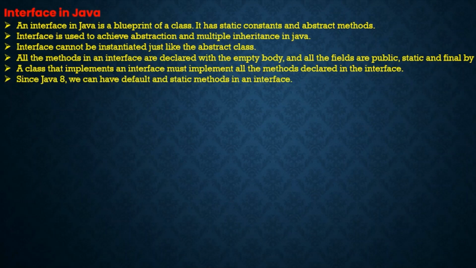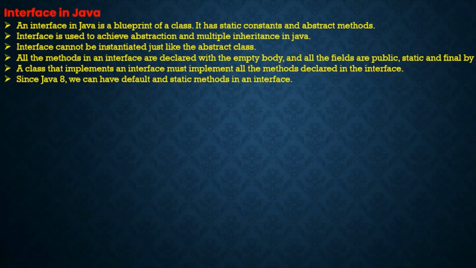Okay, and Java 8, I have explained the interface only contains abstract methods, but that is till Java 7. From Java 8, an interface can have default and static methods as well.